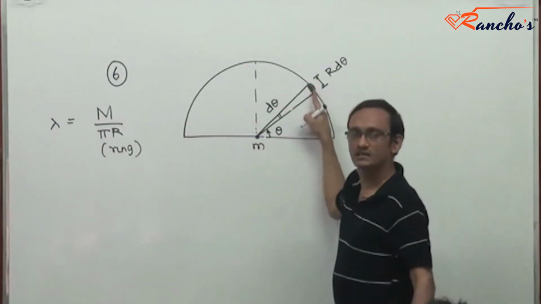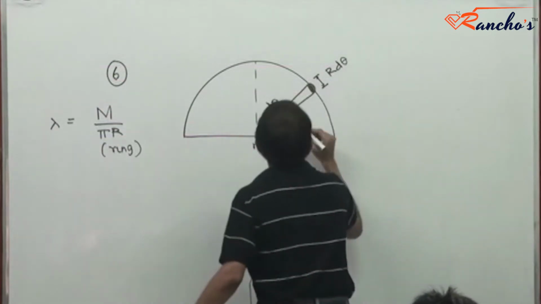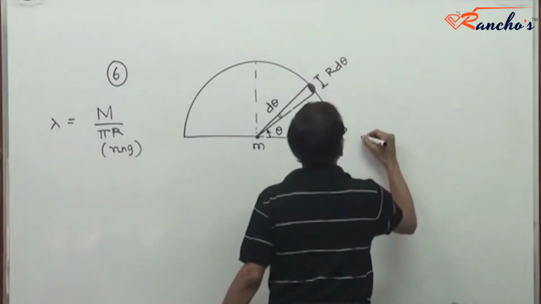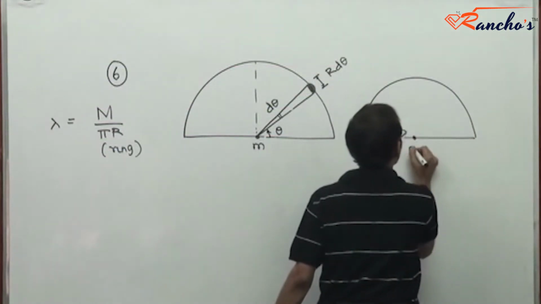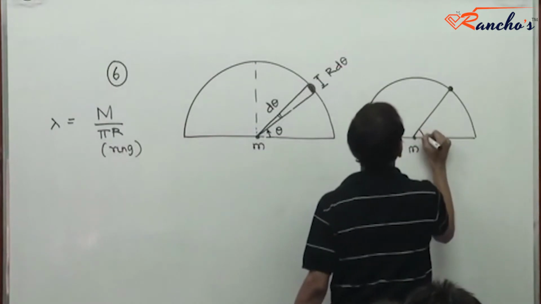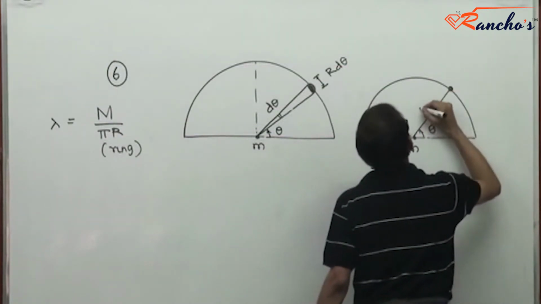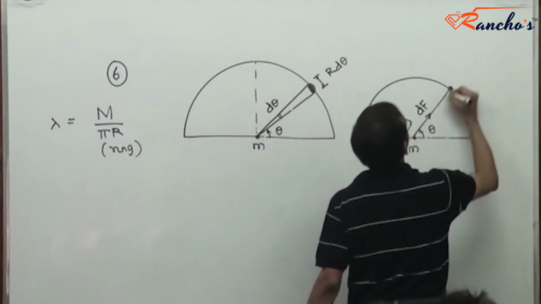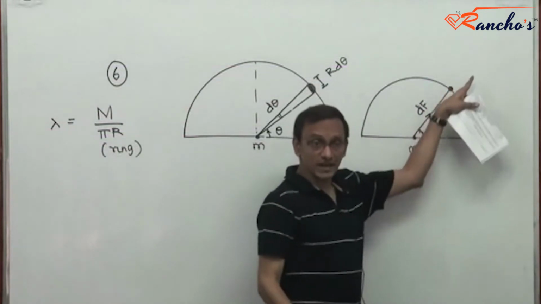What's the mass of this? The mass of this is going to be lambda into r d theta, right? So the mass small m is here, and this is the point mass located at theta. Then it will experience an attractive force dF towards the center, in this direction.